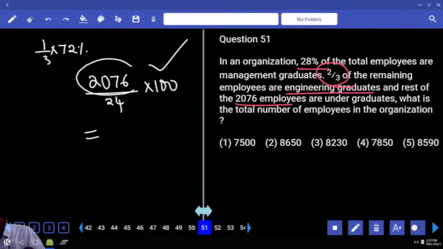If you have an 8 multiple, it gets cancelled in both numerator and denominator, and you will have 2 zeros. Are you okay? But we are not sure whether your first number 2076 is an 8 multiple or not. So we have to calculate.